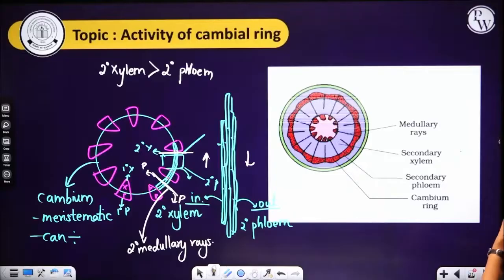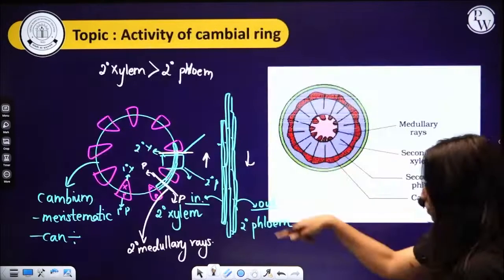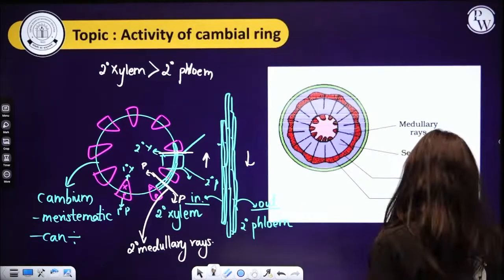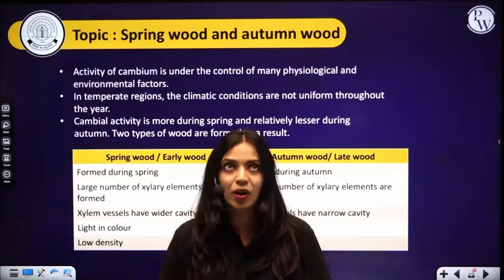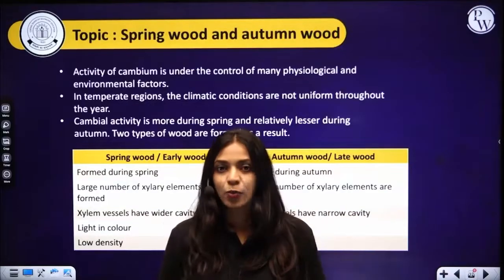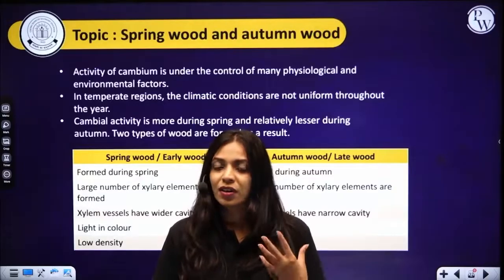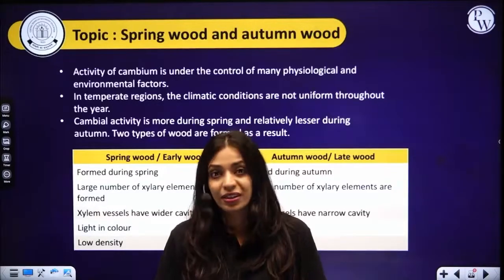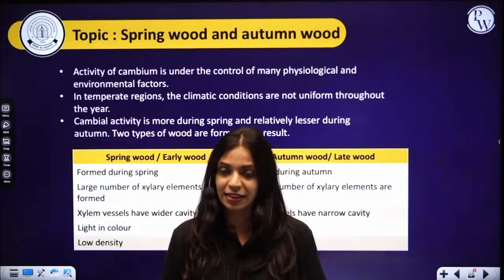Now, talking about the activity of the cambial ring. The cambial ring's activity varies seasonally. According to the season, according to the external environment, the cambial activity will vary. In trees that are found in temperate regions, you know how the seasons vary drastically, right?